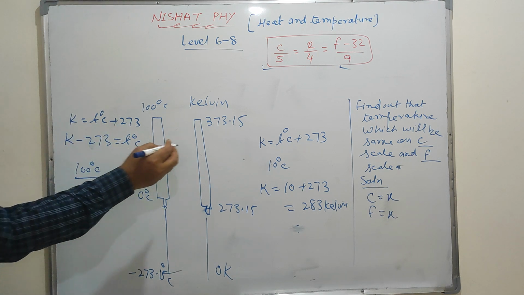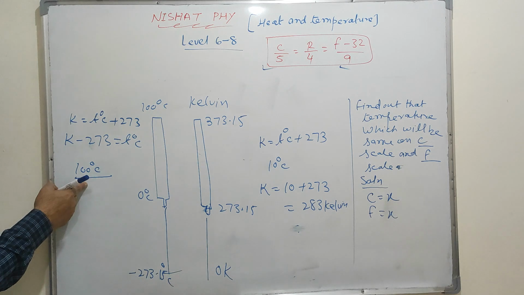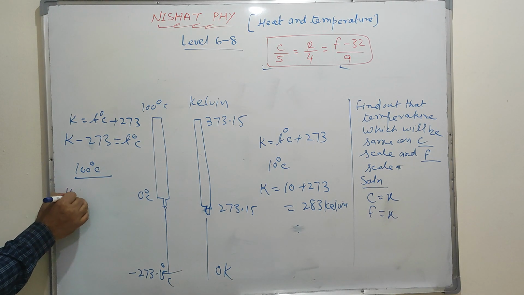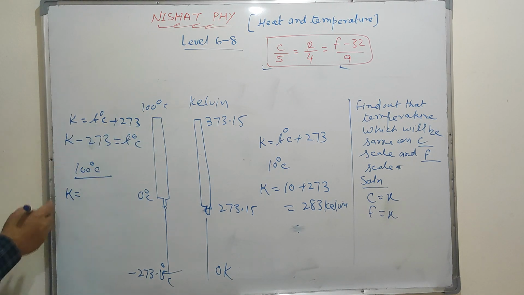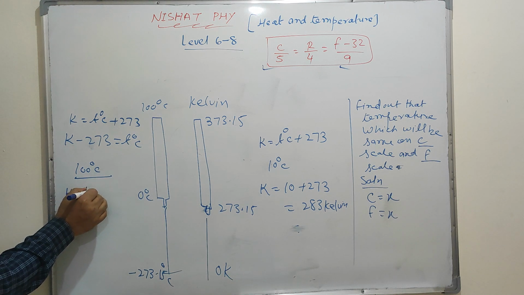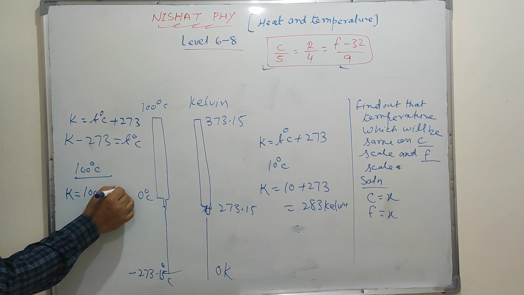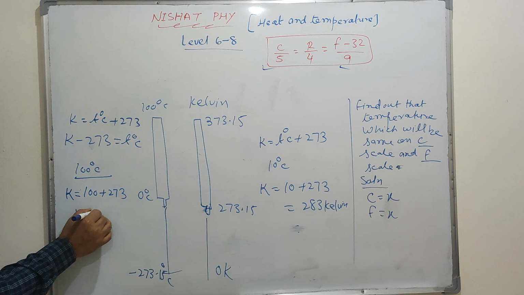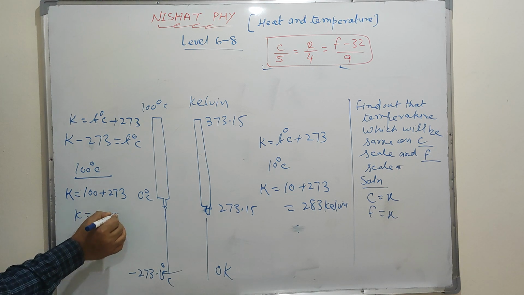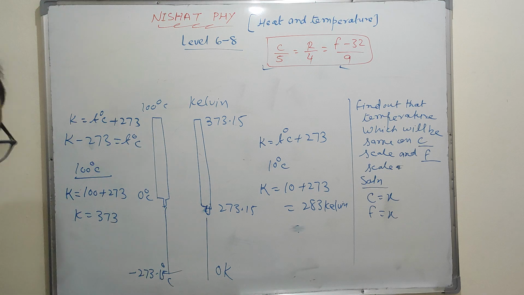Then K equals T degree C plus 273, here 100 plus 273, and in Kelvin it is 373. No need to write degree.